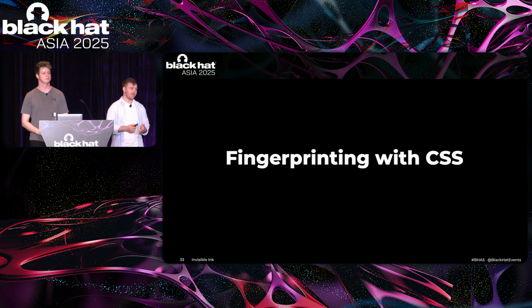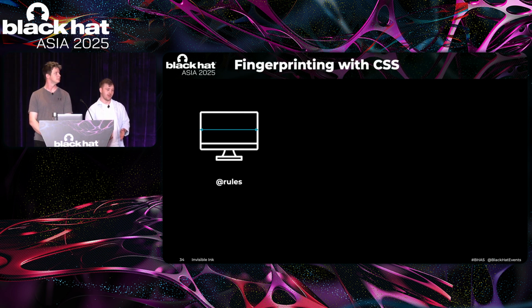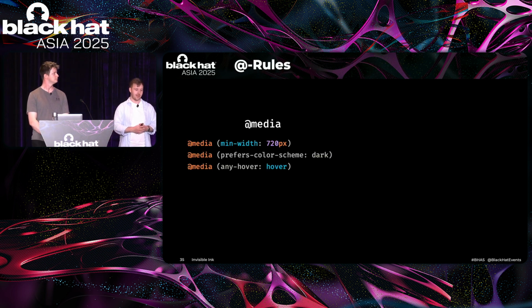Okay, so now we have the necessary background in order to get into fingerprinting with CSS. And here we first take a look at at-rules, since that is basically the conditional built into CSS and directly what we want. Daniel already introduced you to @media. The top one is the one you've already seen, where you can, for example, query the screen width. And you can do that quite accurately by, for example, doing repeated queries.